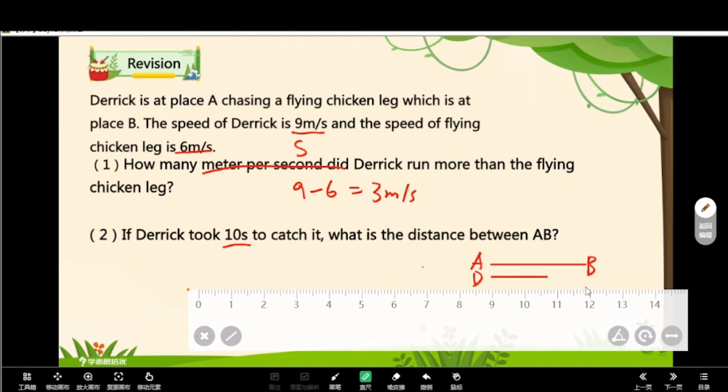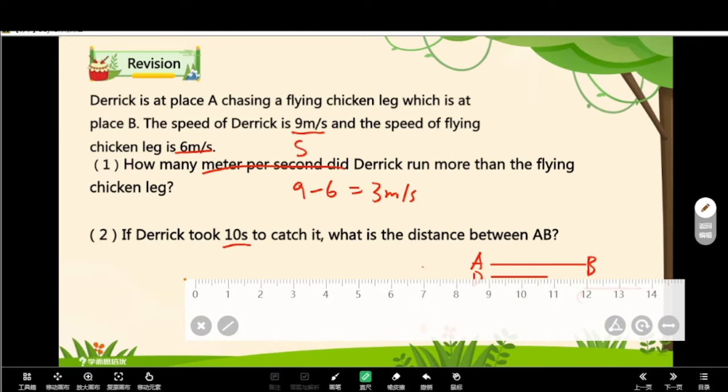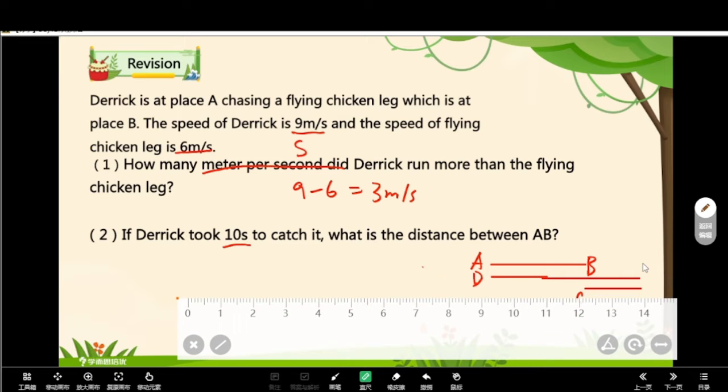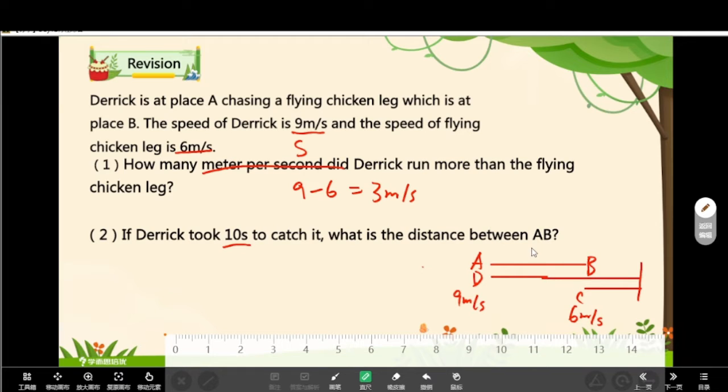The flying chicken leg starts from here. And Derek needs to catch it, so Derek needs to go this way and they reach the same place, right? So the speed of Derek is 9 meters per second and the speed of the chicken leg is 6 meters per second. And what we need to find is the distance between A and B.